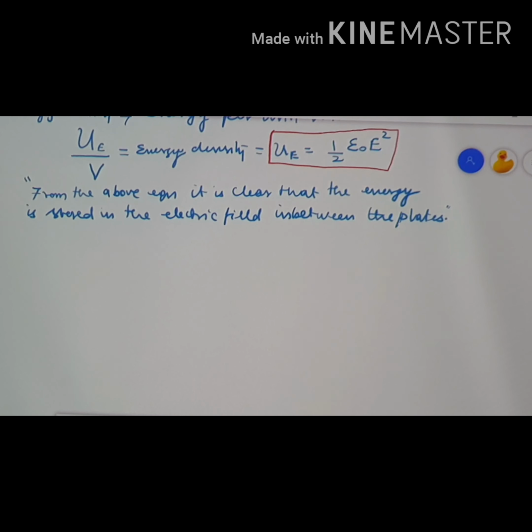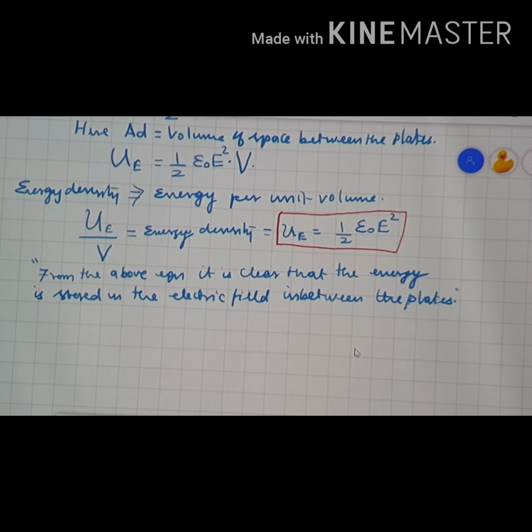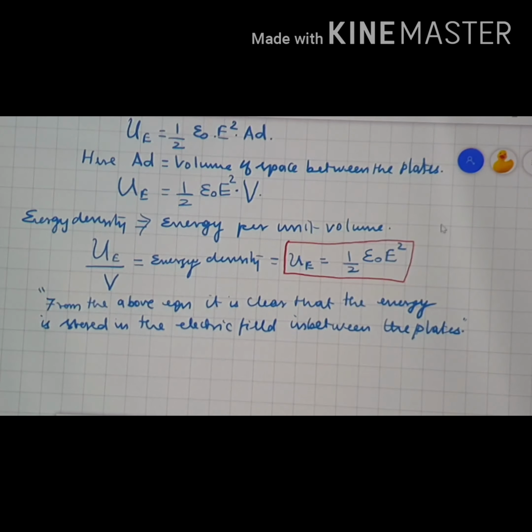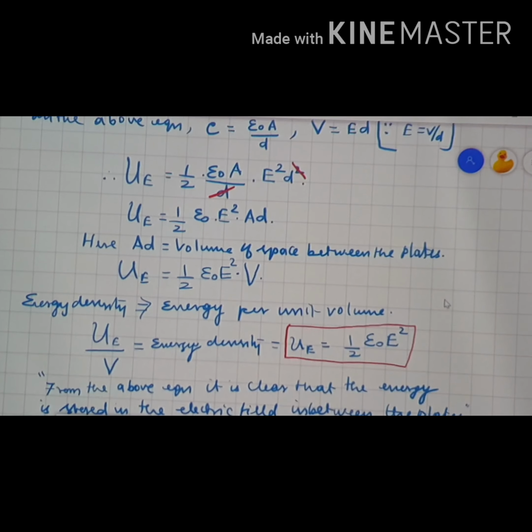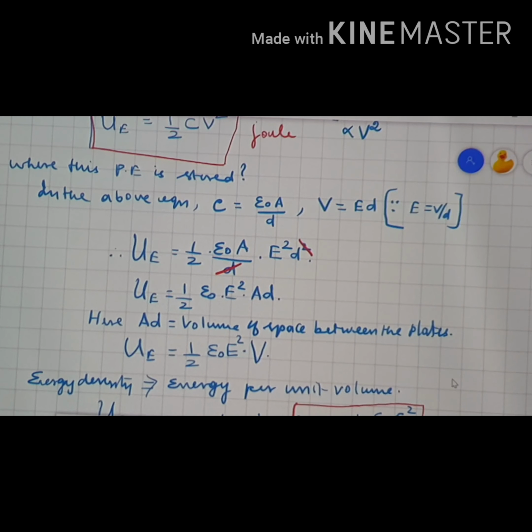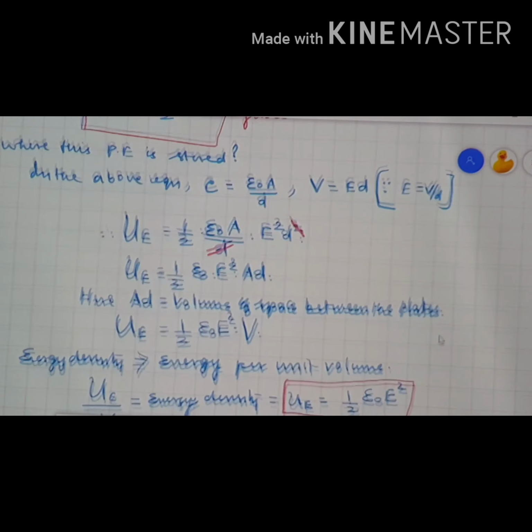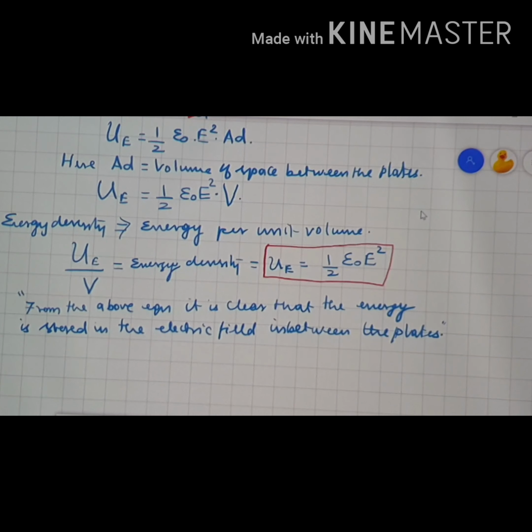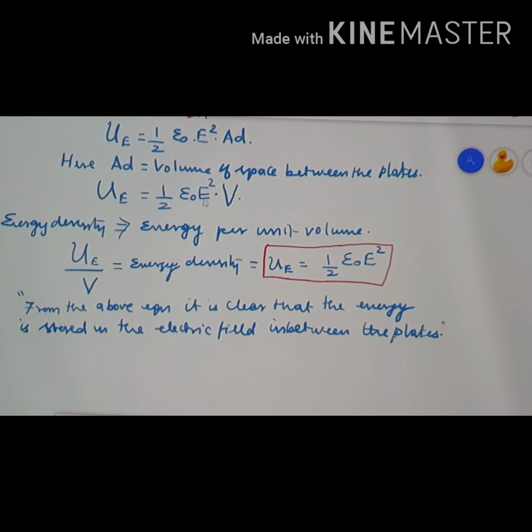The work done is stored as electrostatic potential energy, which is given as half into Q square by C, or half into CV square, or we can state it as half into epsilon 0 into E square into V, where V is the volume of space between the plates.